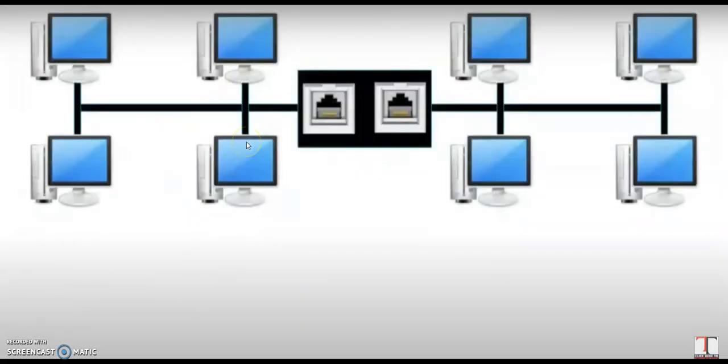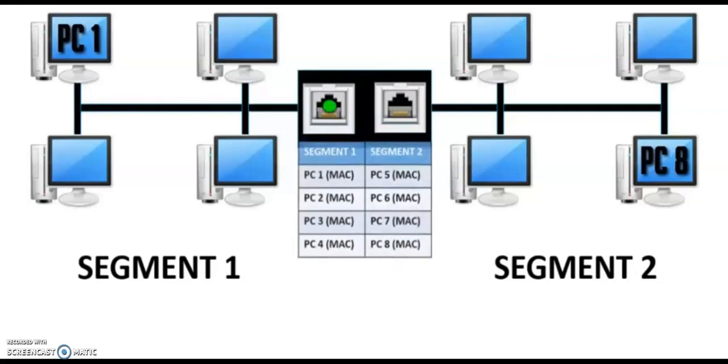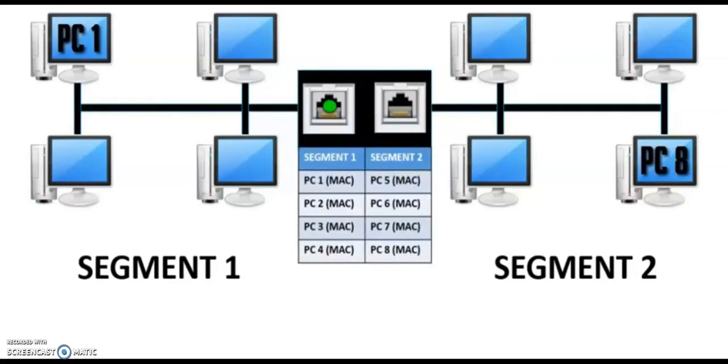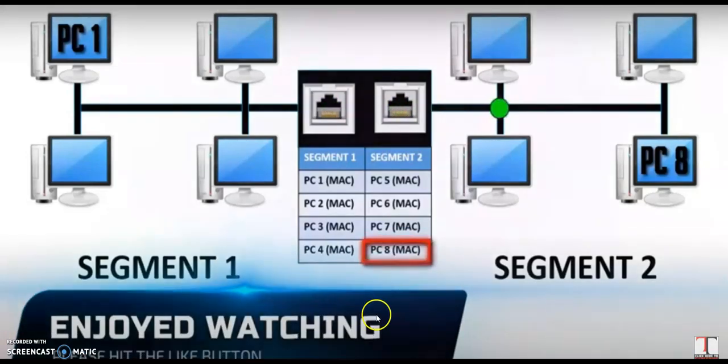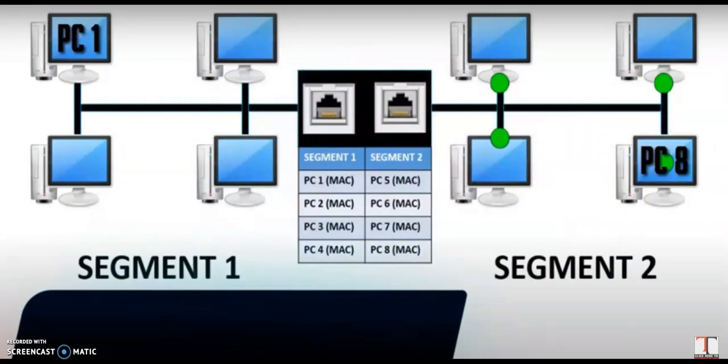One more example: with segment 1 and segment 2, PC1 wants to send the data to PC8. It first reaches the bridge, and the bridge maps the MAC address against segment 1 and segment 2. If it matches segment 2, the message is forwarded and broadcast in segment 2 only.